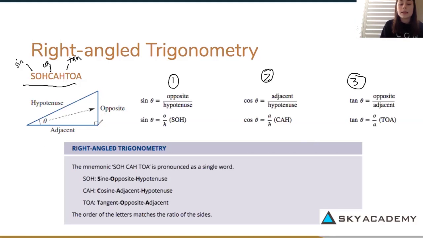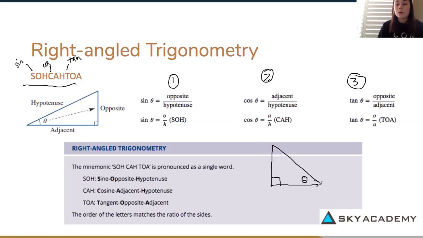However, in your exam question or an exam at school, you will not be given your triangle with labels on it. You will have to know how to distinguish which side goes with which label. So there's two ways I like to know which label goes to which side, and that's two landmarks.